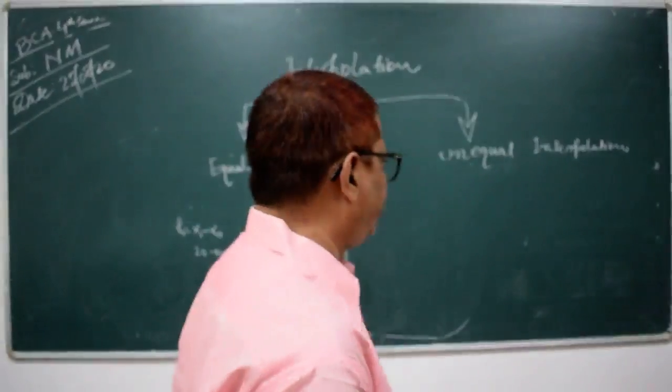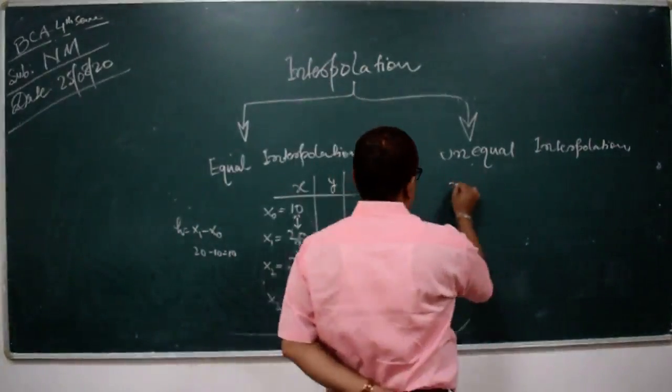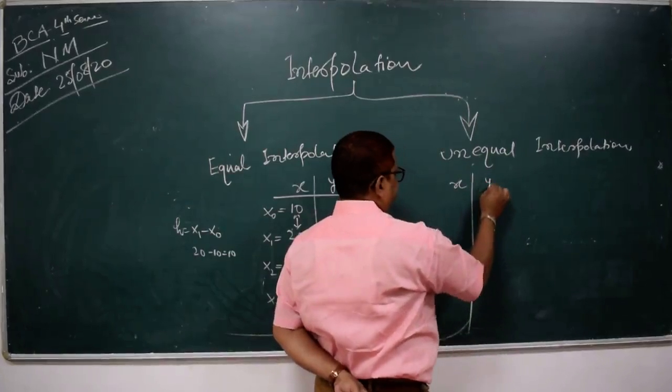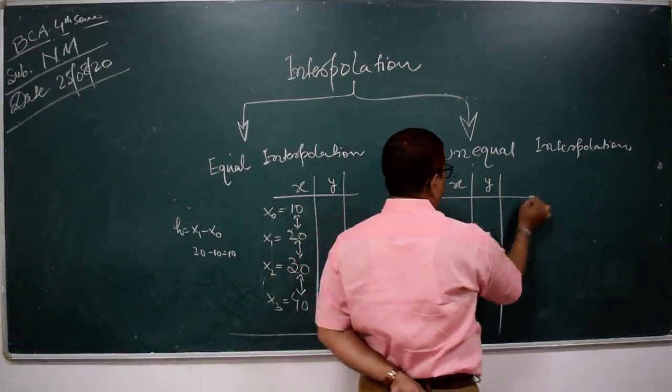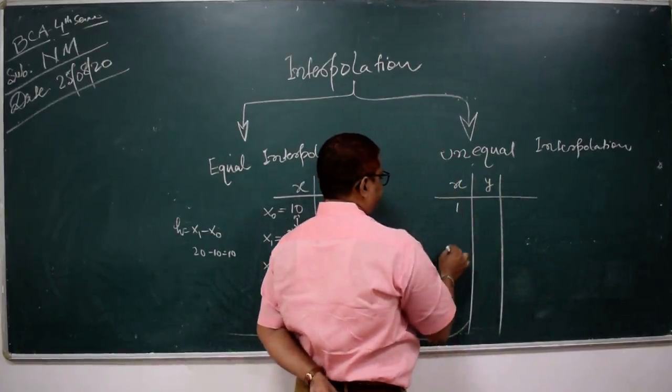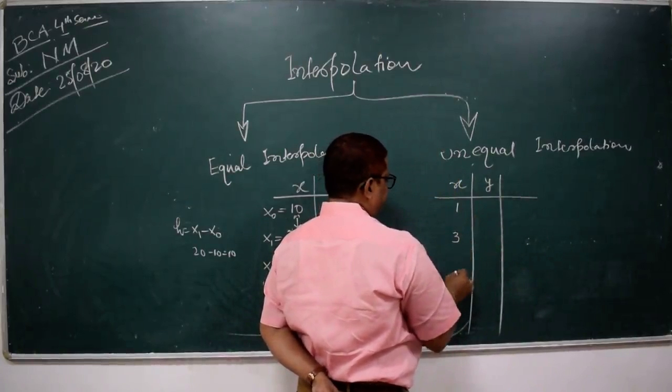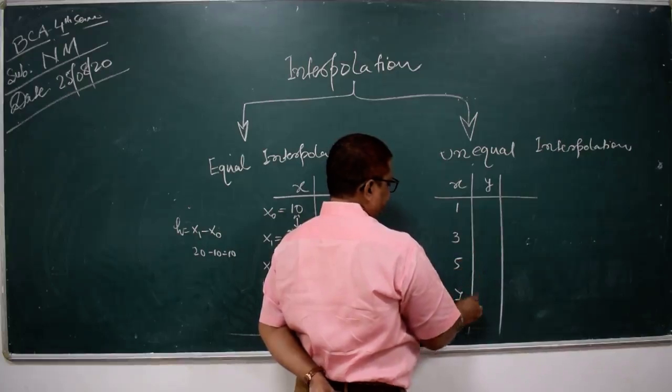Suppose the value of x is unequal, with x and y, and the values of x are 1, 3, 5, 7.